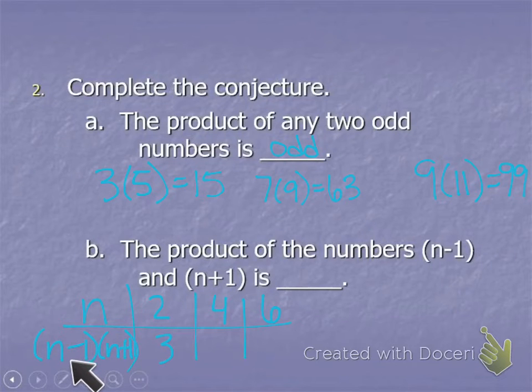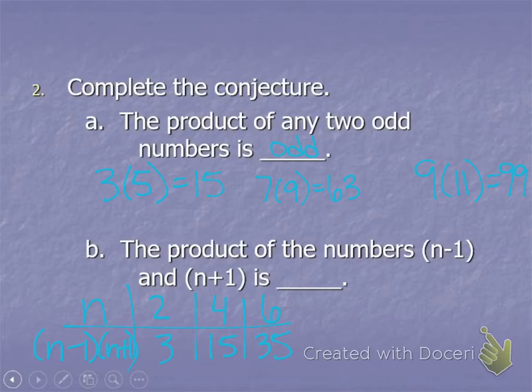So we've got 3 times 5. We get 15. We plug in 6. Six minus 1, 6 plus 1. We multiply them, 35. Okay.